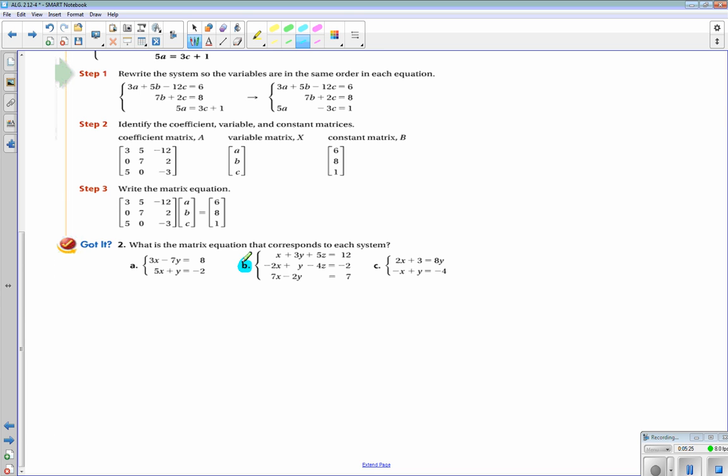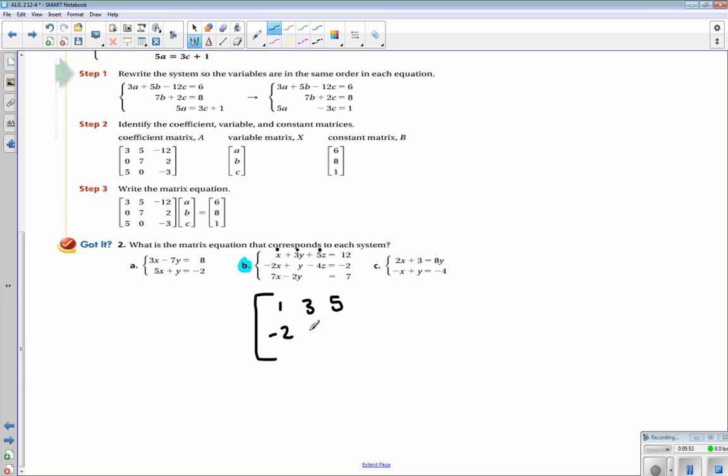Let's do this B together. We're going to write a matrix equation, and then solve it for X, Y, and Z. Once I learned this process, it was really quick and easy. My X coefficient is 1, my Y coefficient is 3, my Z coefficient is 5.